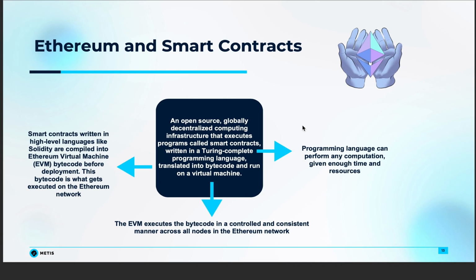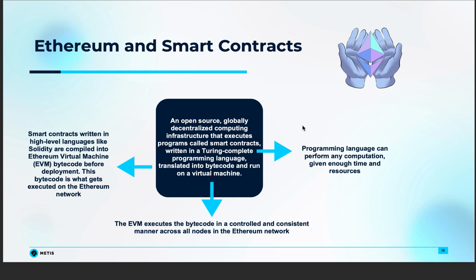Now, Ethereum and smart contracts. Ethereum is an open source, globally decentralized computing infrastructure that executes programs called smart contracts, which are written in high level programming languages and translated into bytecode, which runs on a virtual machine.